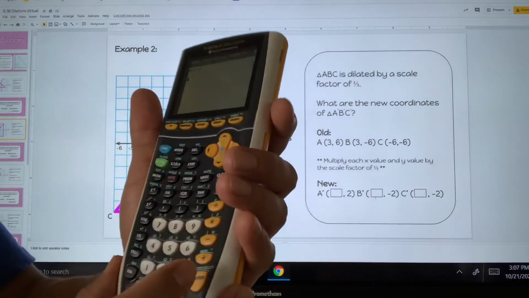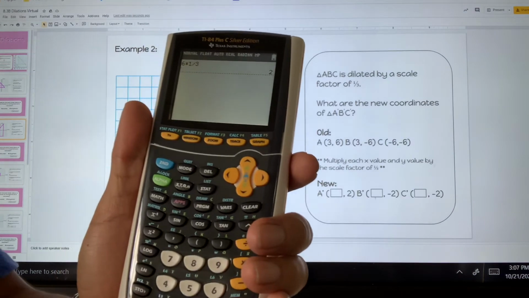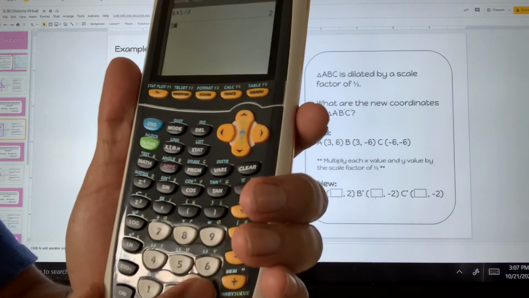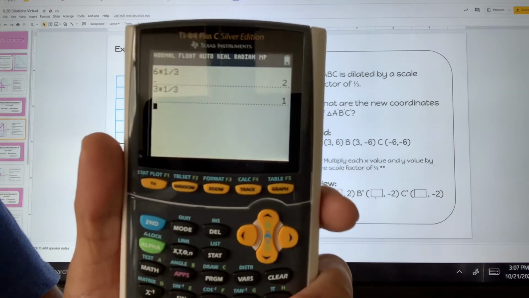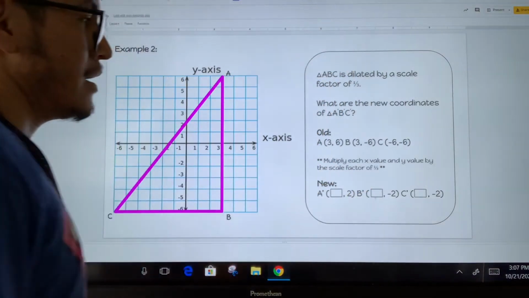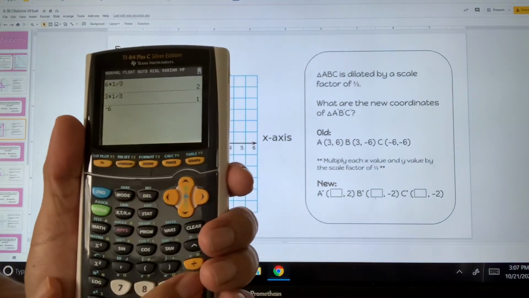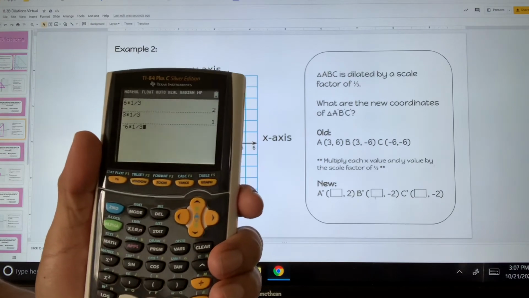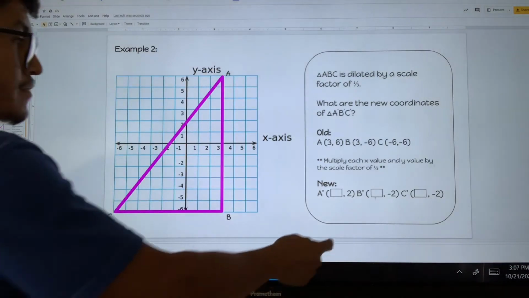You just multiply. The other one was 2, so you multiply 2 across. But don't be afraid just because you see a fraction. You're still multiplying 3 times 1/3. And so that's 1, and 1 goes here. And then -6, again, don't be scared just because you see a negative times 1/3. -2.